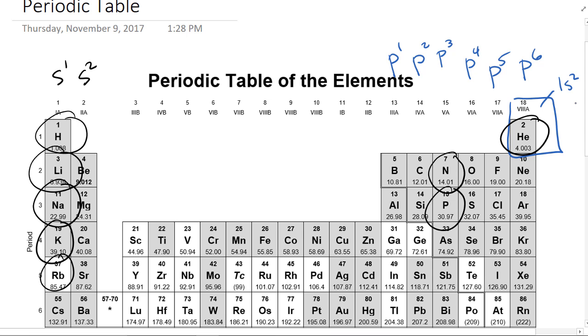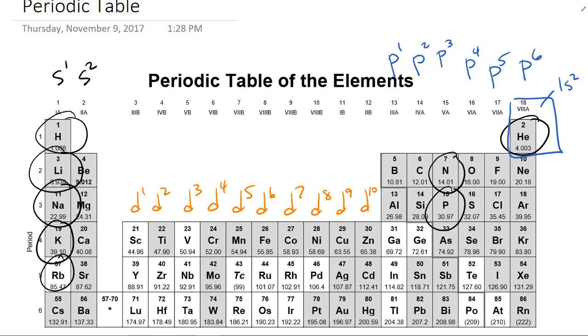1s2. Now, where do you think we're going to find the D's? The transition metals. Transition metals, exactly. So we count, we get D1. Remember, D's go up to 10. So we have D1, D2, D3, D4, D5, D6, D7, D8, D9, and D10.